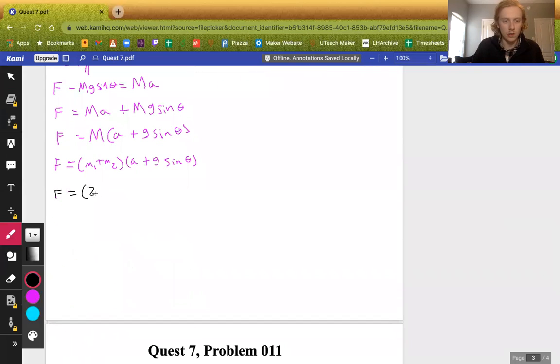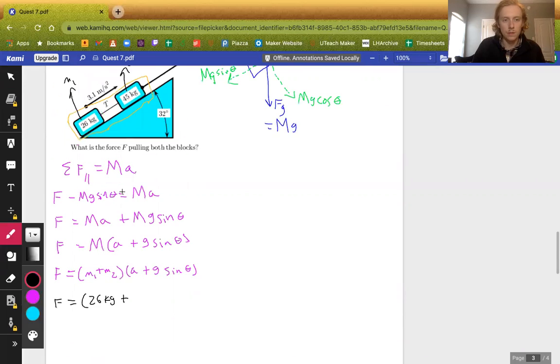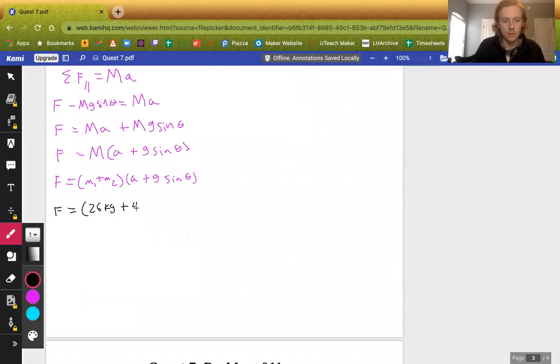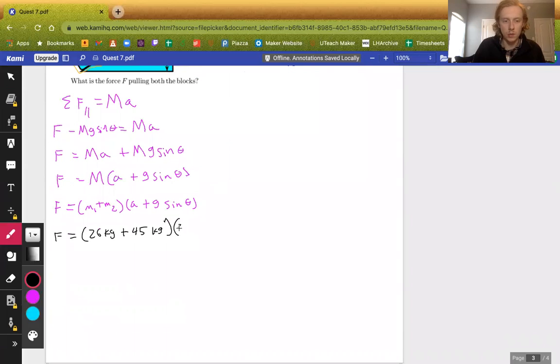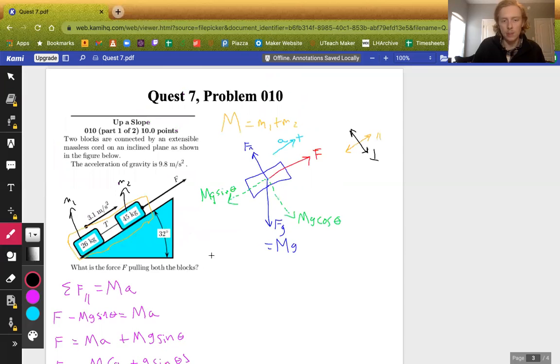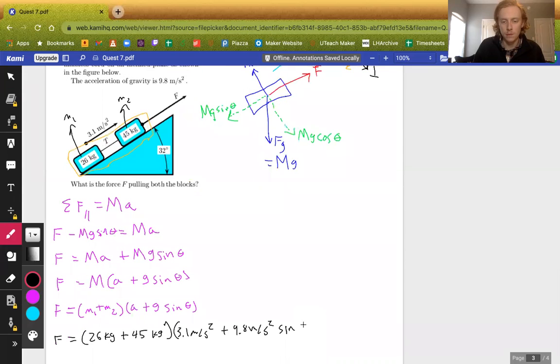So that's 26 kilograms plus 45 kilograms, times the acceleration, which is 3.1 meters per second squared, plus the acceleration due to gravity, which is 9.8 meters per second squared, times the sine of our angle, which happens to be 32 degrees.